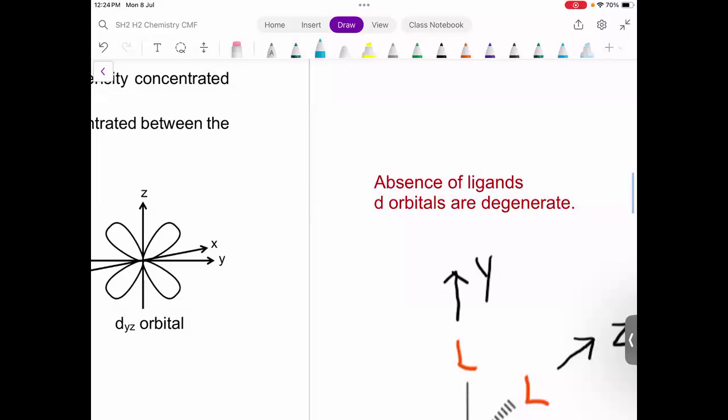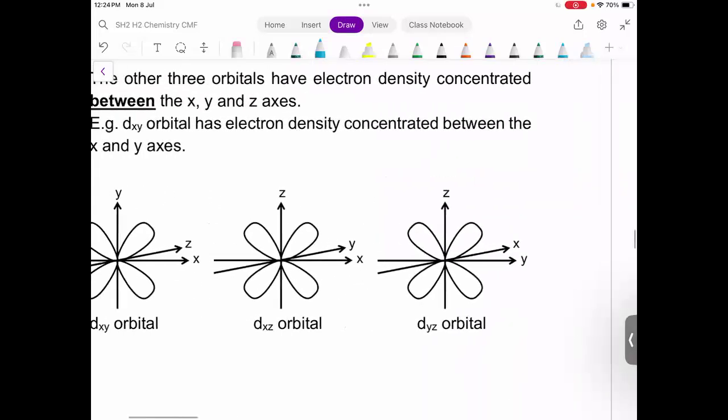So what happens if there are ligands? What's the significance of ligands? Can you read the next page?